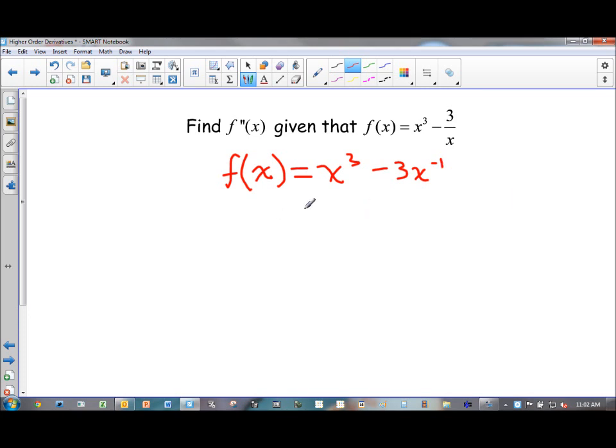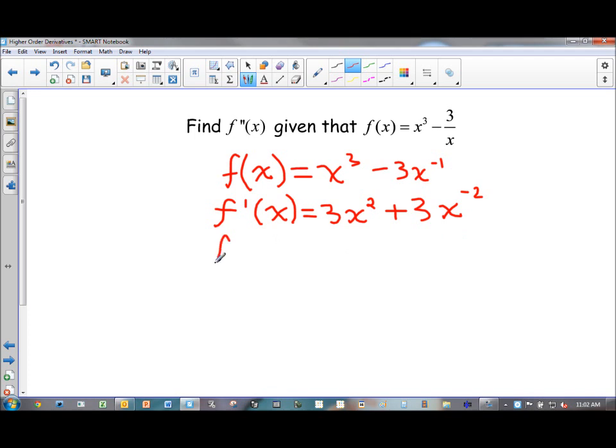I just rewrote it. I haven't taken the derivative yet, but now I can. So f prime of x, remembering my rules, will equal 3x squared plus 3x to the negative 2. Hopefully you see where that comes from.